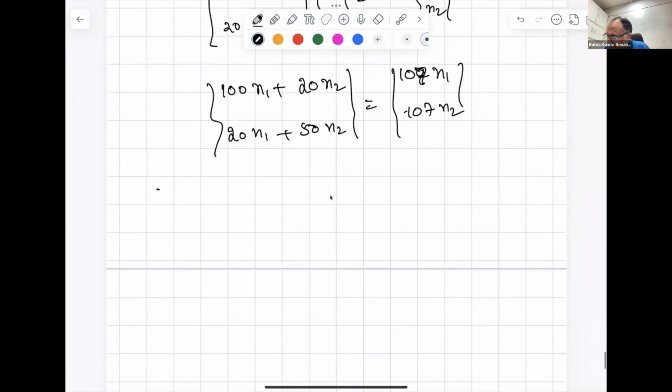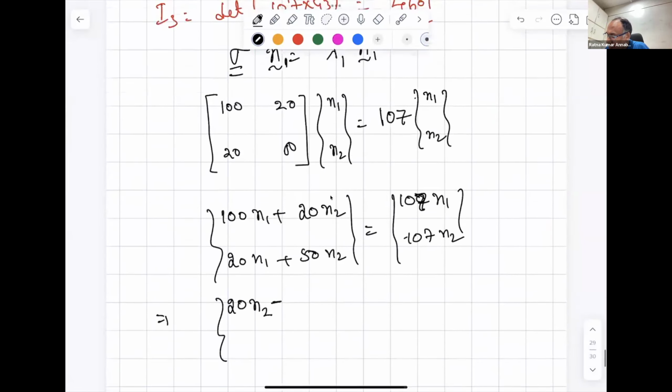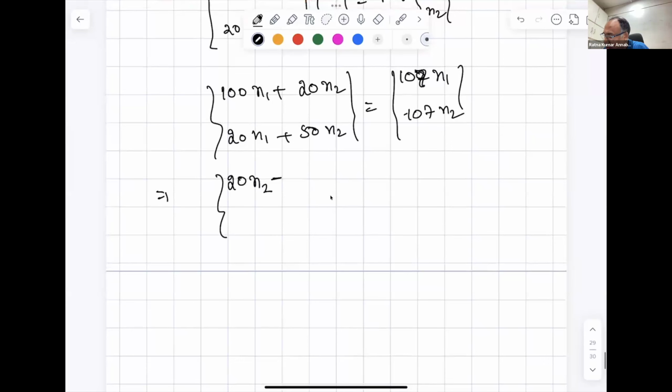That means 20 N2 minus 7 N1 equal to 0 and 20 N1 minus 57 N2 is equal to 0. These are the two equations, no? Right?